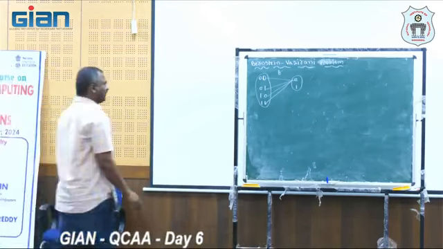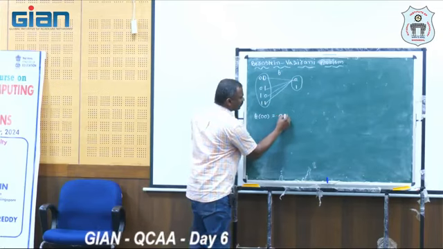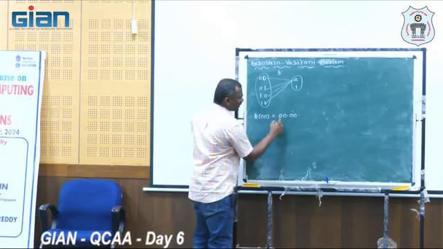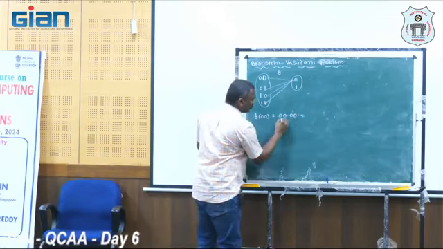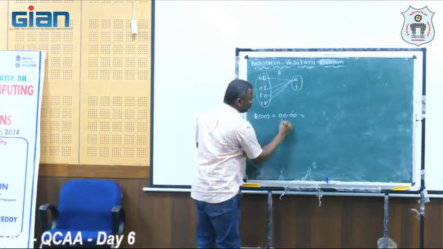Why? S is 0 or 2 zeros? 0 0, not a single 0. The length of s is always the same as the length of x. So s is 0 0. Why? Because now if you want f of 0 0, what is f of 0 0? It is 0 0 dot 0 0. What is 0 0 dot 0 0? These two we multiply, these two we multiply. Correct?